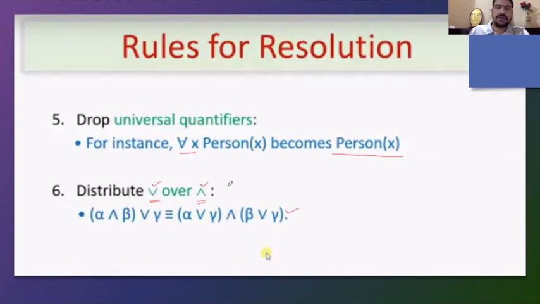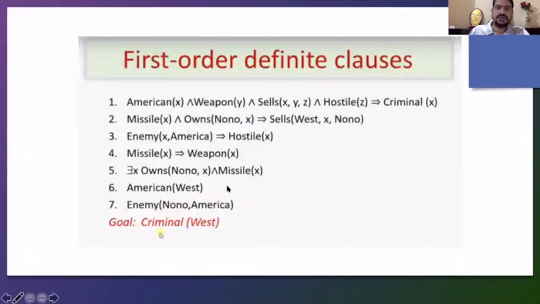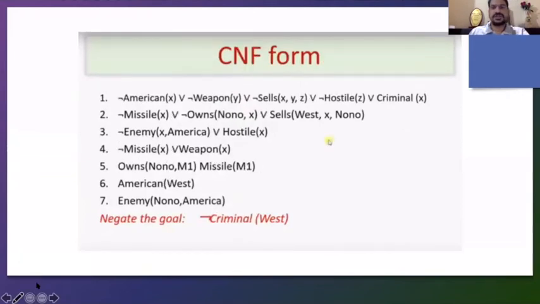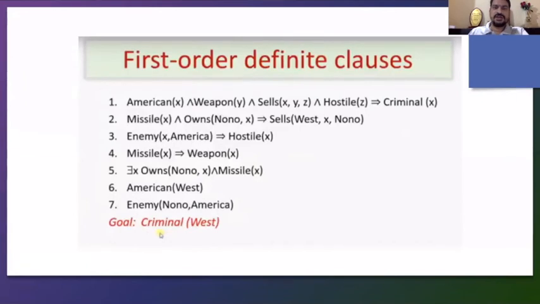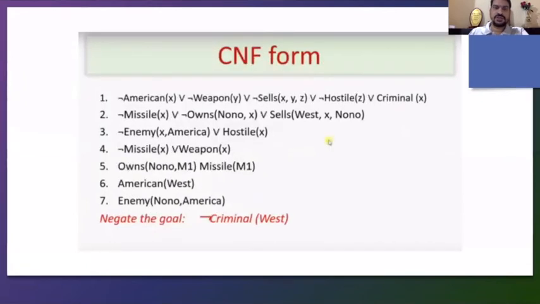By putting all these rules into the first order definite clauses that we have just found, we'll apply all the conjunctive normal form methods and we'll get this. So we are converting this first order logic to CNF, that is conjunctive normal form, and it will look like this.